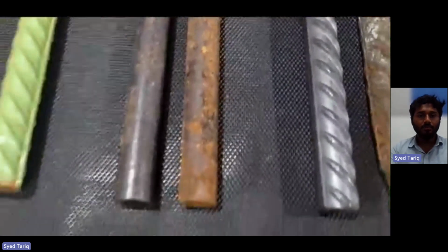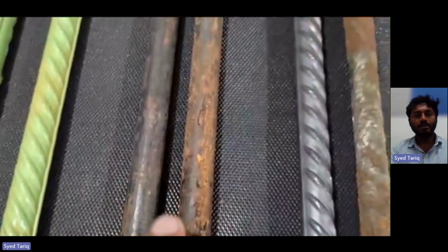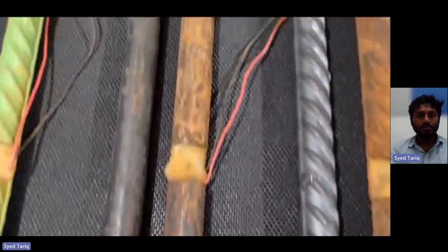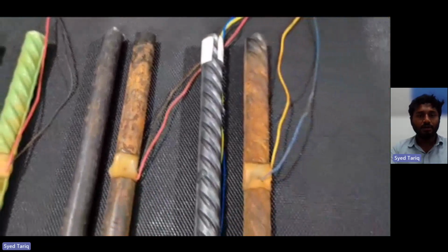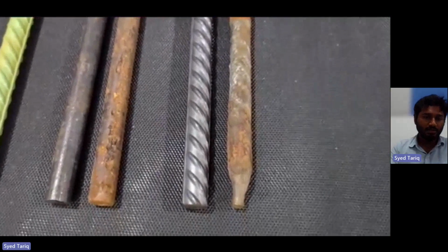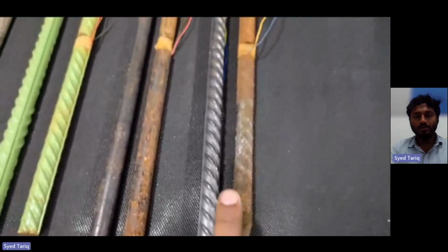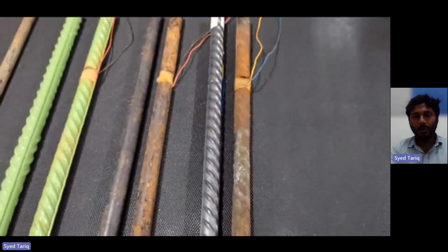When you look at the plain bar, the surface has deteriorated more. This is the plain forged steel, which is highly corrosion resistant, and there is surface deterioration. But when you come to the TMT bar, you can see a drastic reduction in the cross section.